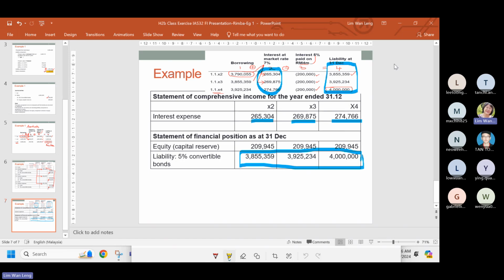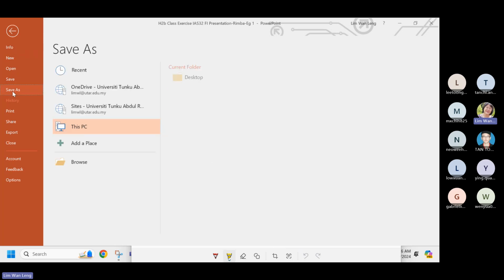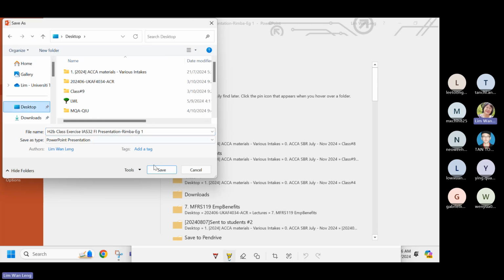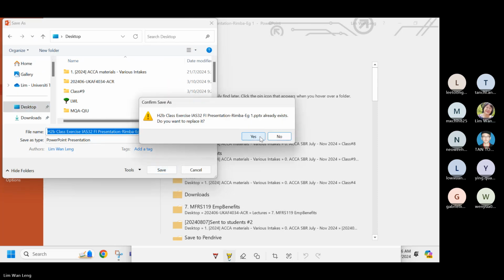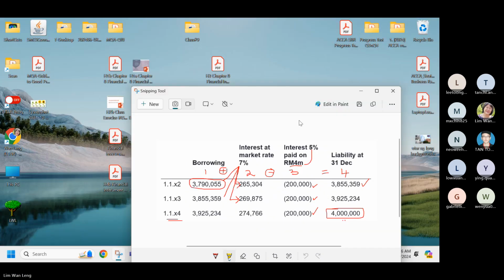So that will be on the, what do you call that? On the Rimba Berhad. So maybe this one I should save it, and then later I will post it to the files section of your Teams. Okay.